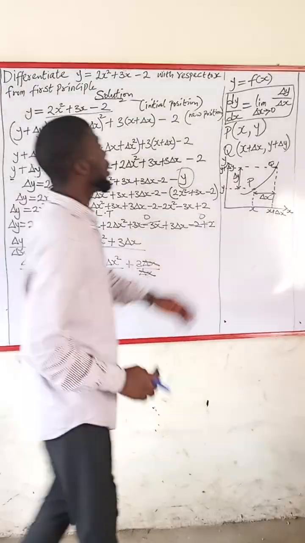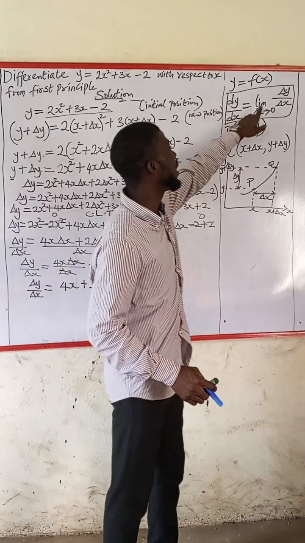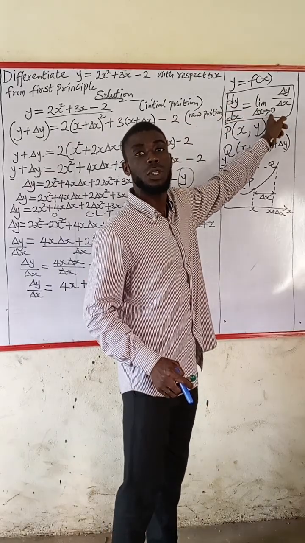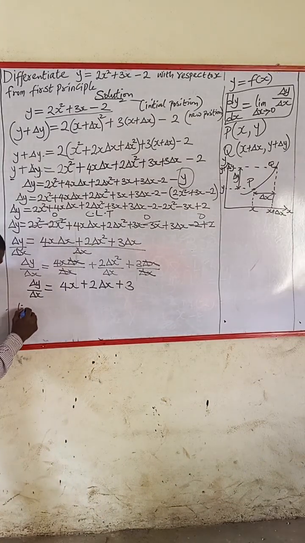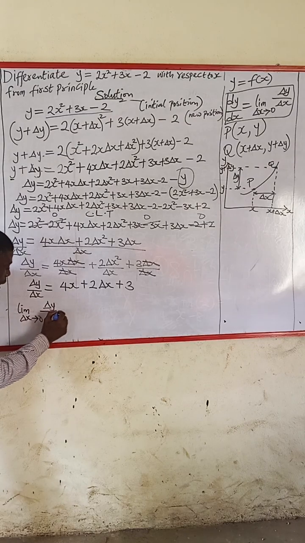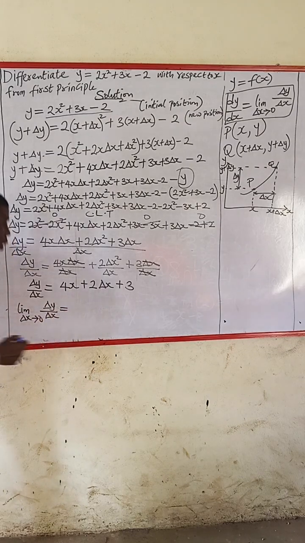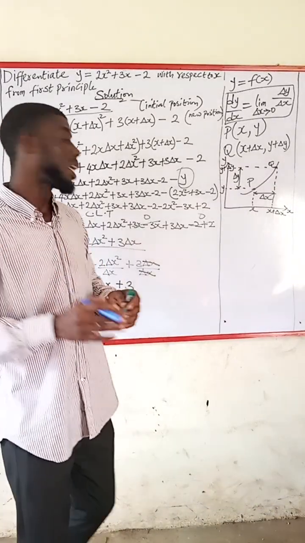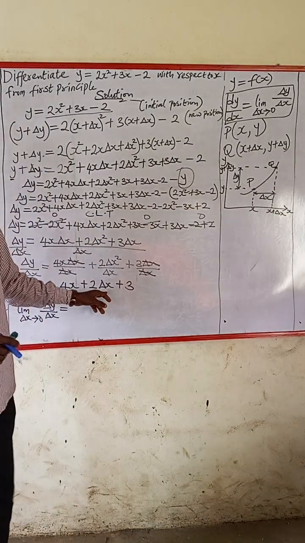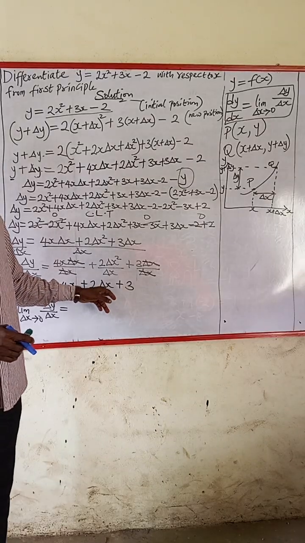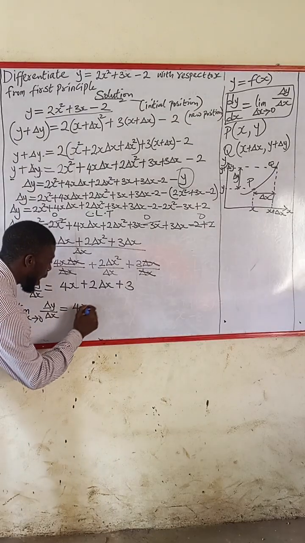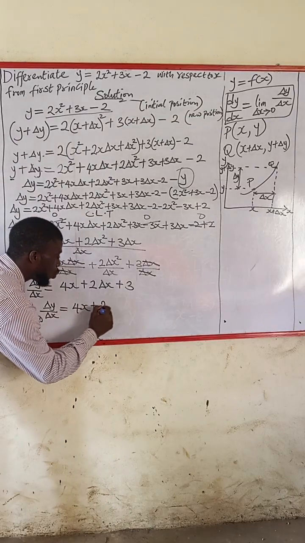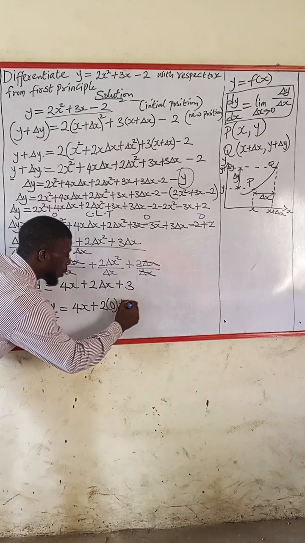Now, but we are not done. We said that dy/dx is going to be the limit as changing x approaches 0. So we are going to take the limit as changing x approaches 0 of changing y over changing x. What does this mean? It means that anywhere I see changing x, I'm going to substitute it to be 0, because this changing x is now having a value of 0. This would now be 4x, there is no changing x, plus 2 bracket 0, plus 3.